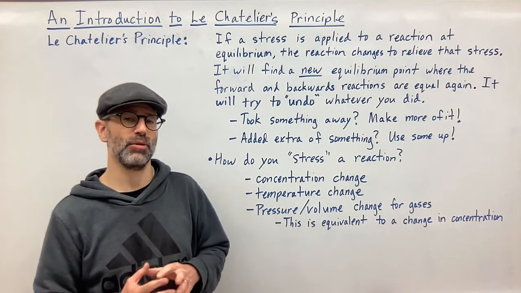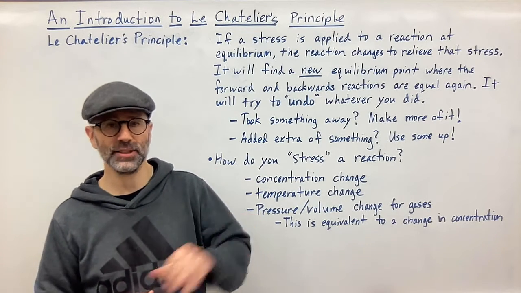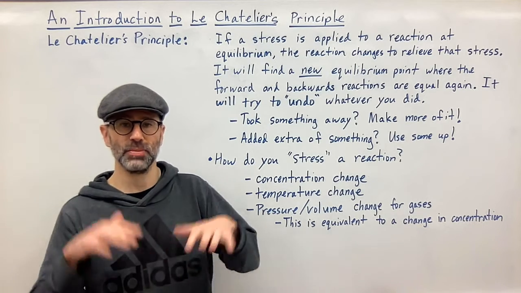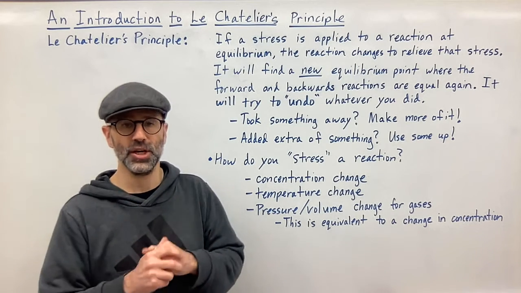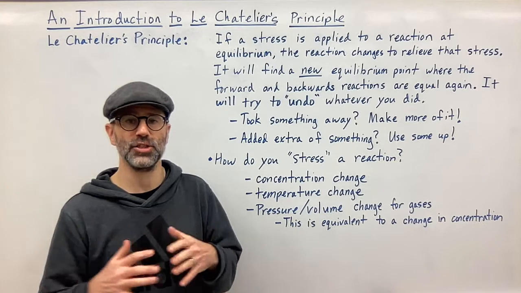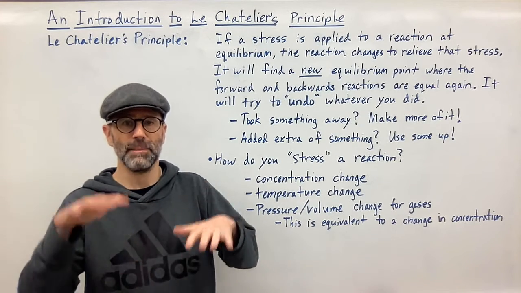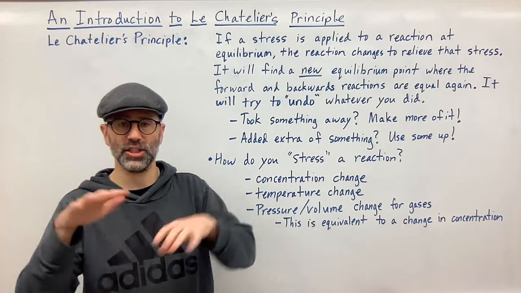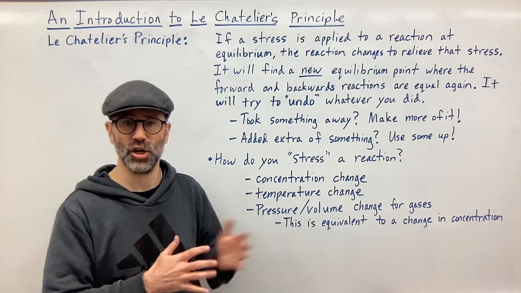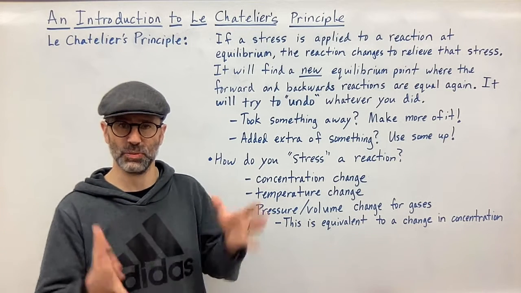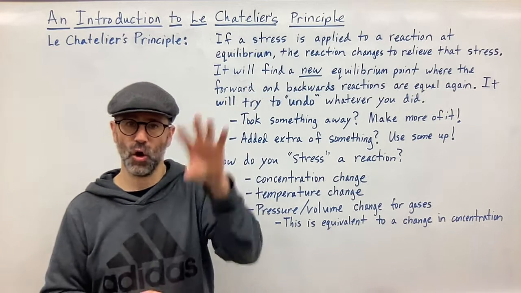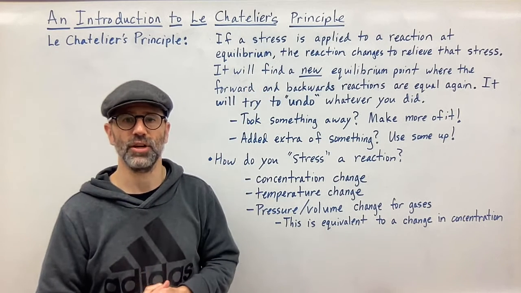If I add some reactant to the reaction mix, now I've disrupted the concentrations, and so the reaction is going to try to get back to equilibrium by changing those concentrations, as I showed in the equilibrium constant expression, with the concentration of products over the concentration of reactants.